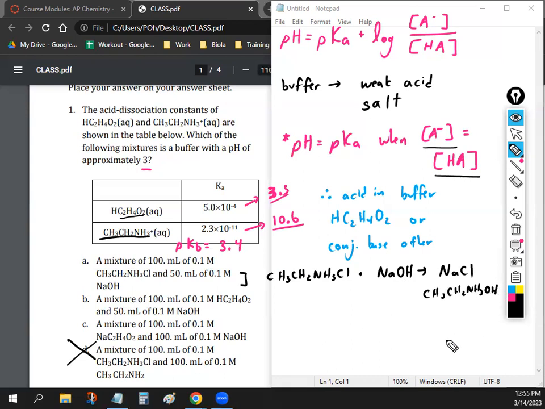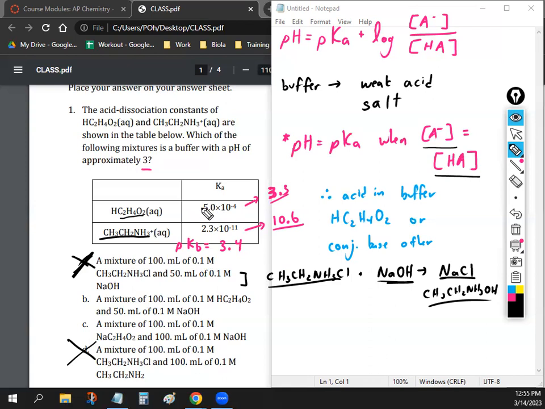So this isn't going to really work because these are your two salts, and then you end up making a base, and you've got your strong base right here. So this isn't a very good option, because again, you're looking for the acid, because that's the pKa you're working with. Does that make sense?